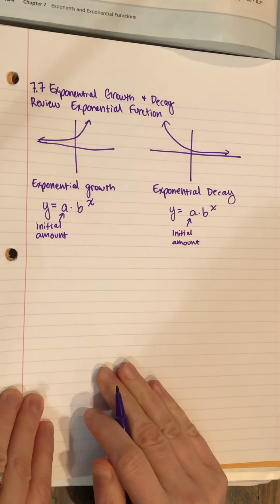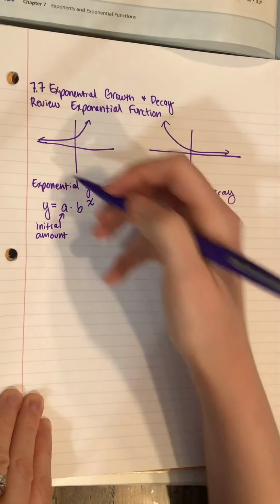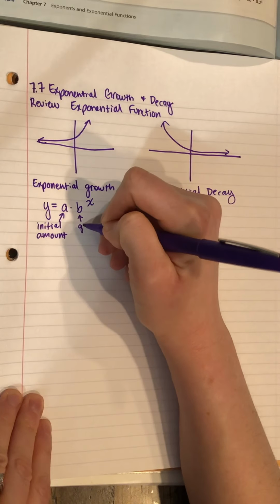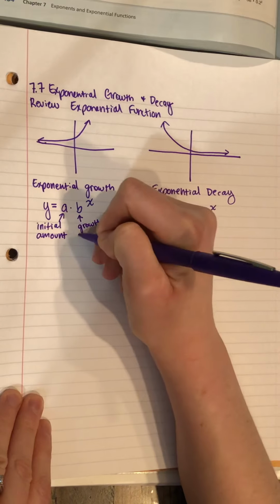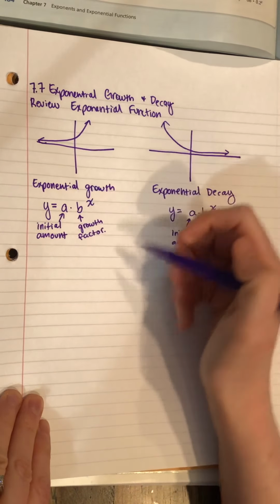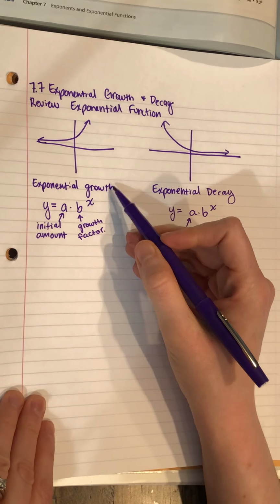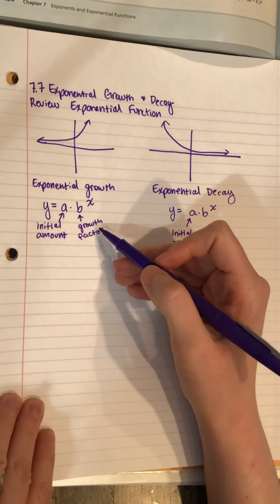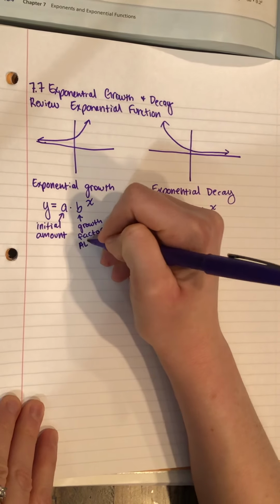Okay, and b, for exponential growth, we call that the growth factor. Now, the thing about b for exponential growth is that the growth factor is always greater than 1.